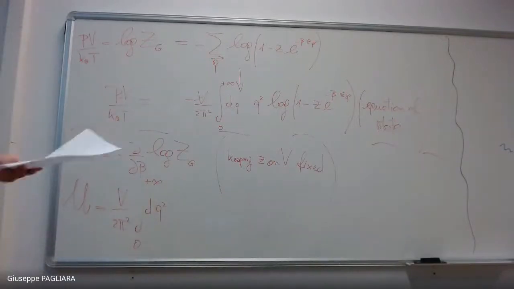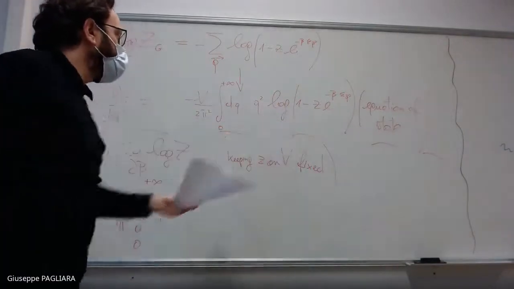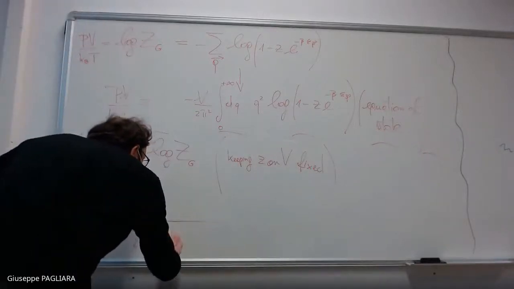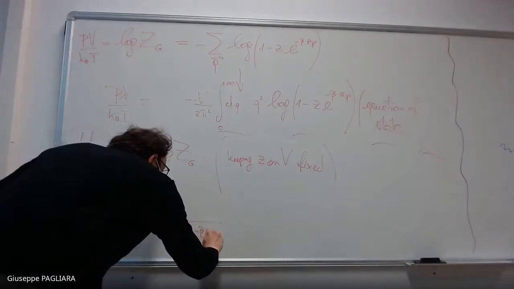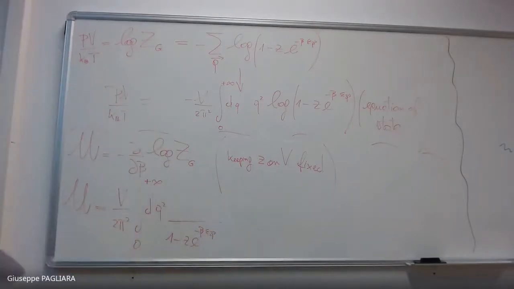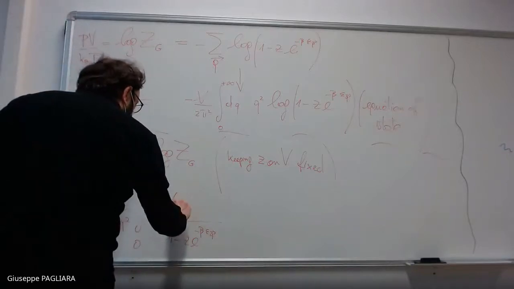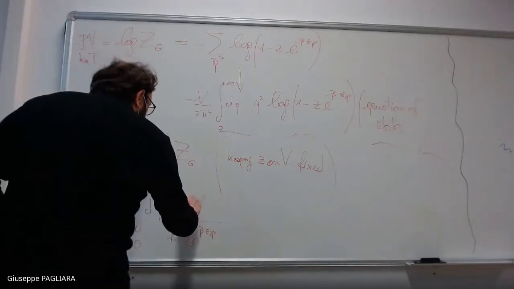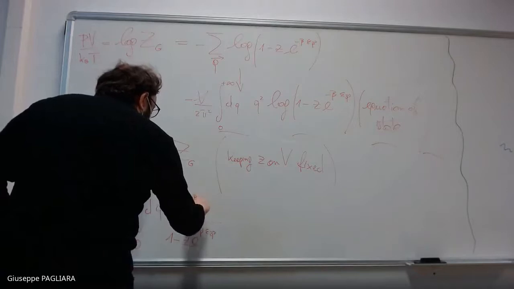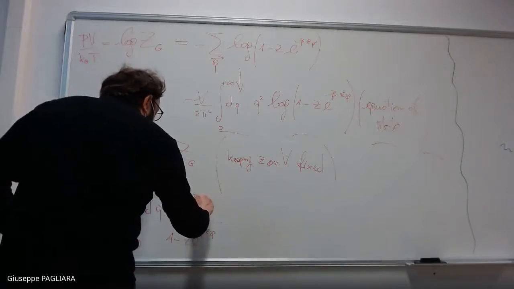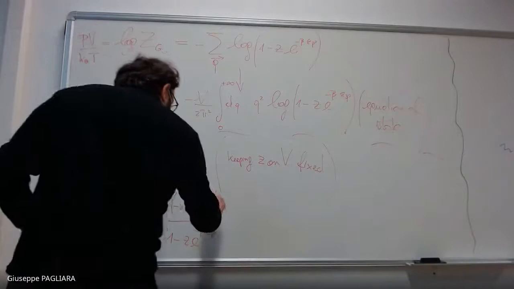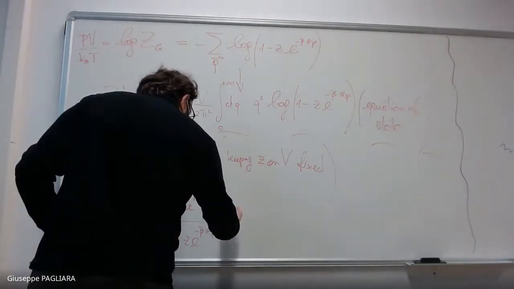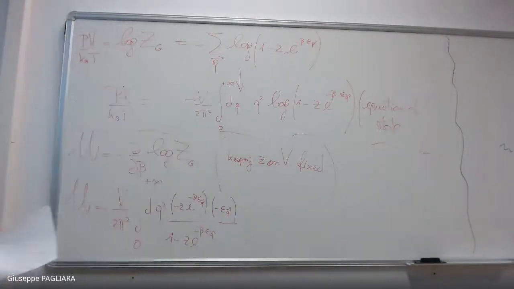Okay, I have to derive this guy here. So I have 1 over the denominator 1 minus z e to the minus beta epsilon q. Then I have a minus z e to the minus beta epsilon q. And finally, I should have a minus epsilon q.